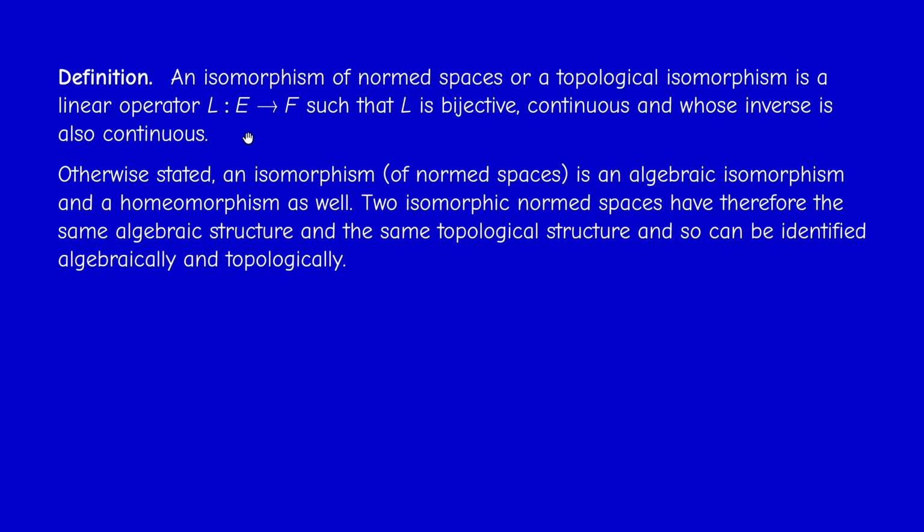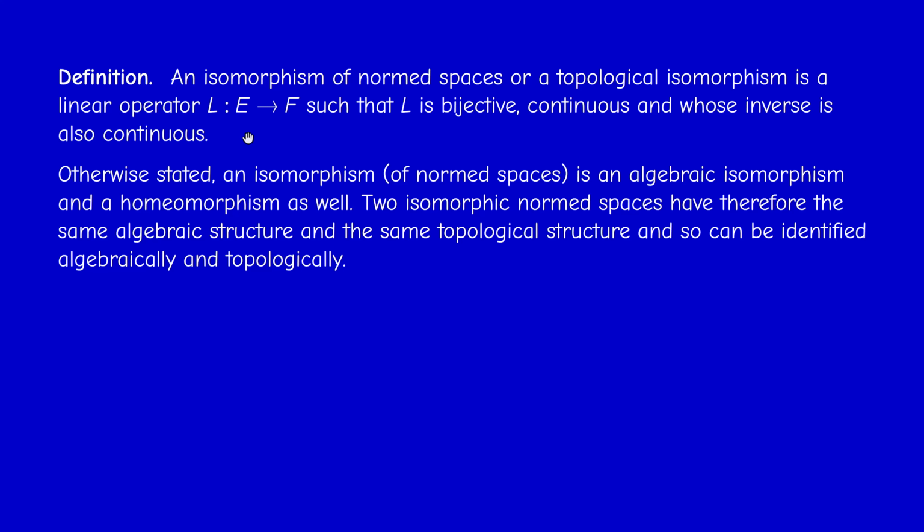In any field of mathematics, there's the notion of isomorphism. In algebra, we have the notion of isomorphisms of groups. Two isomorphic groups can be identified. It's essentially the same object.